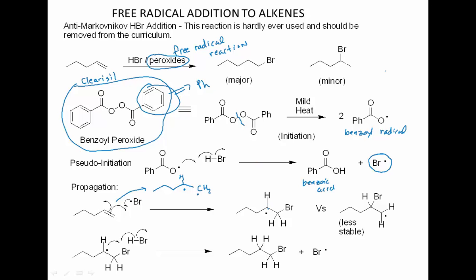And this can give us either of two radicals. If we add bromine to the end, we get the secondary radical, and if we add bromine to the middle, we get the primary radical, which of course is less stable. And this is the way the reaction is going to go. It's going to go through the more stable radical.